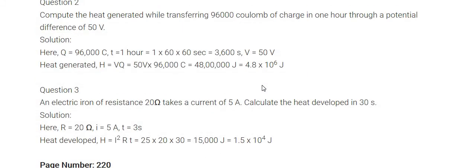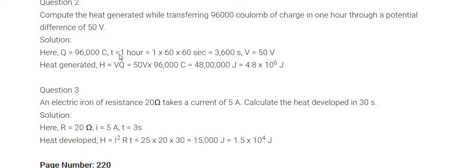Compute the heat generated while transferring 96000 coulomb of charge in 1 hour through a potential difference of 50 volt. Here the charge Q is given, and the time is given, that is T equal to 1 hour, and V is 50 volt.